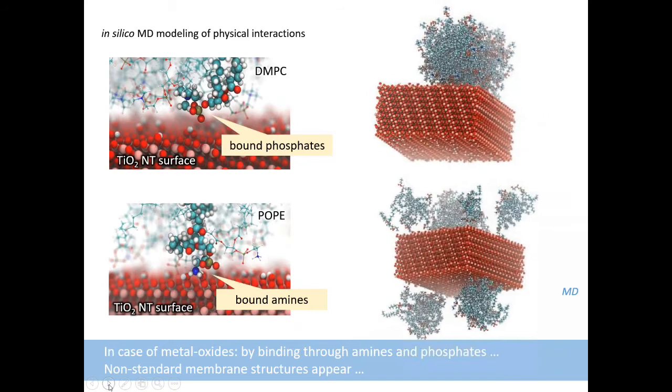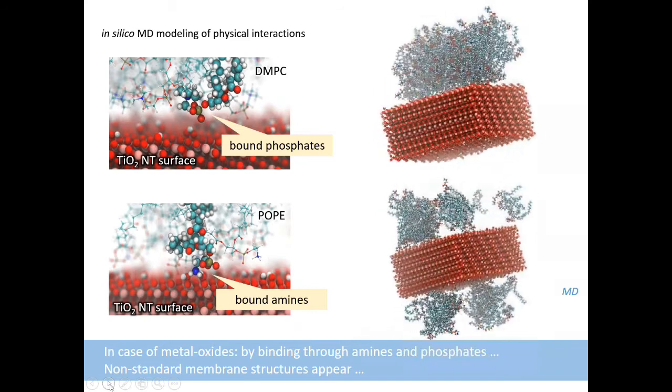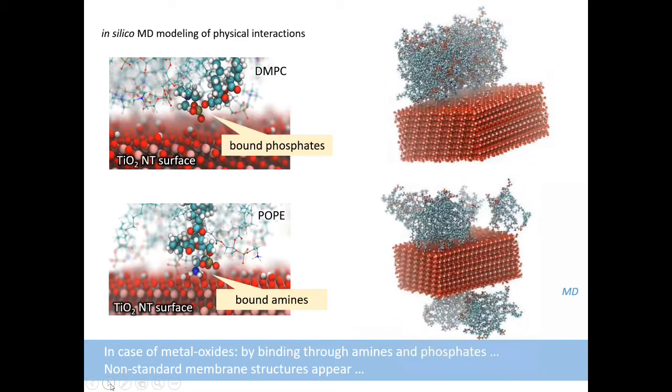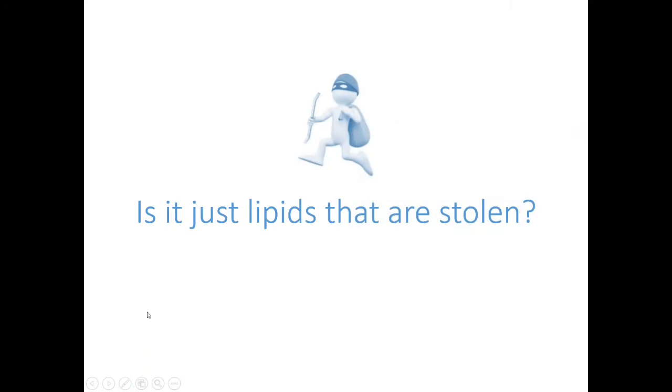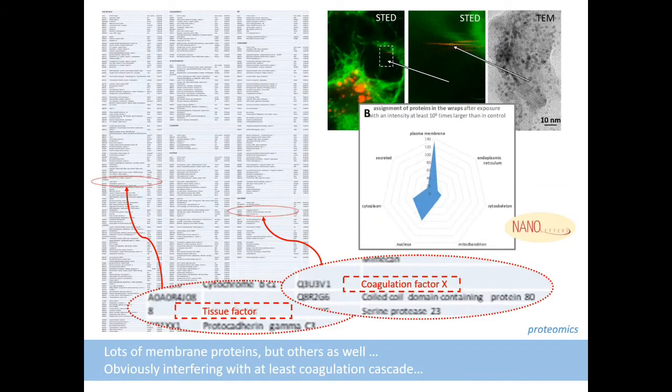On the other side, if the lipids anchor the wrapping membrane, then one can quickly imagine that it's not just lipids that are transferred around on the nanomaterial, which serves like a carrier, like a truck.